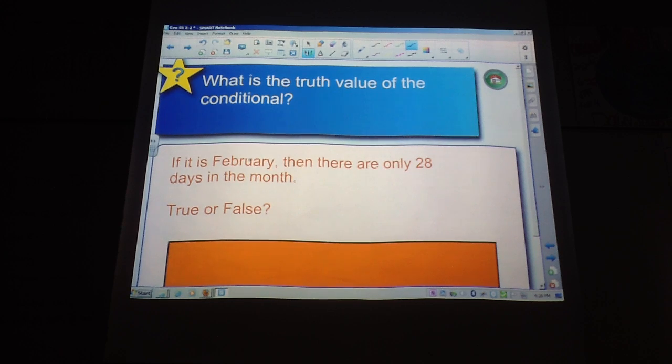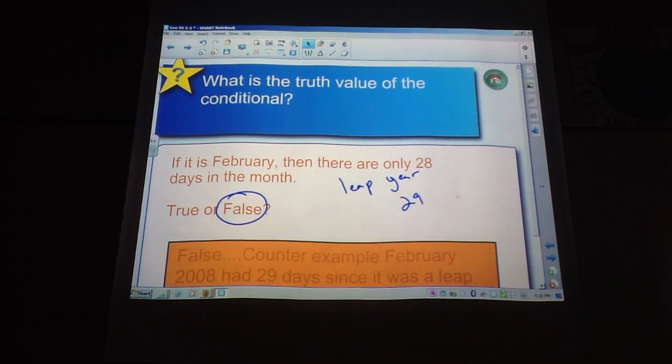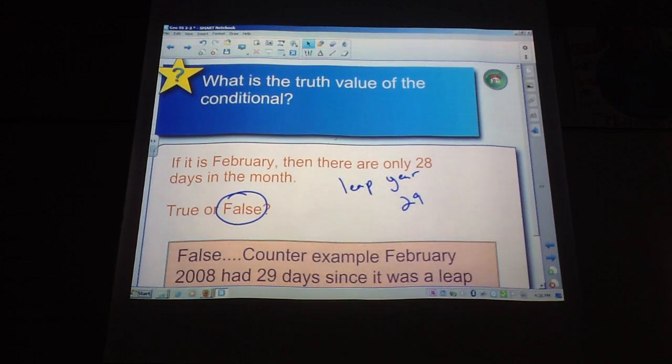Well, most years February has 28 days, but on leap year there's 29 days in February. So with one counterexample, we're going to have to say that would be false, although most years it would be true.